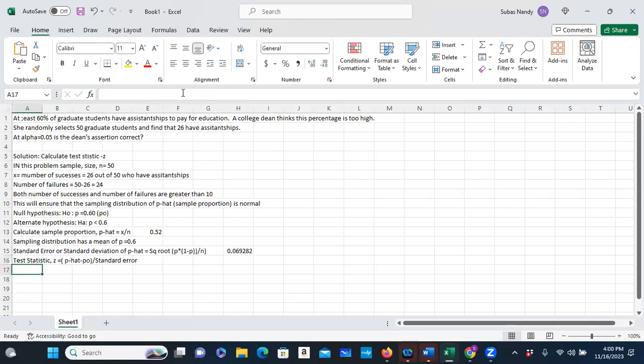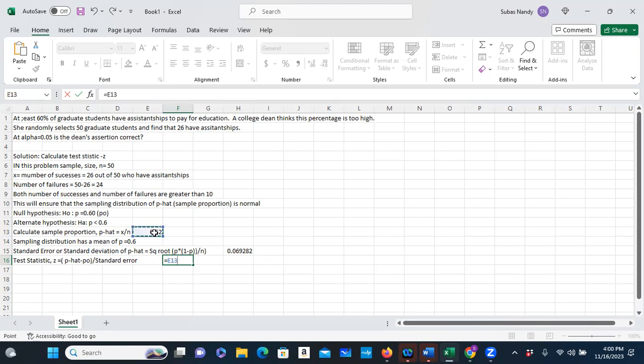So that will be equal to, where is my P hat? My P hat is in cell E13. So let me put a parenthesis in front of E13 minus P0, which is 0.6.